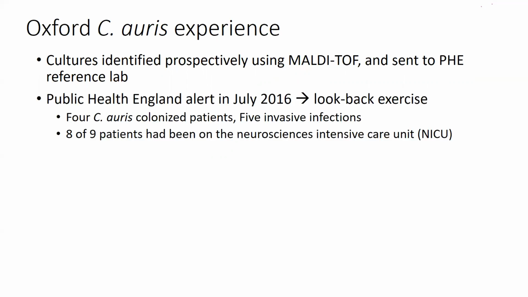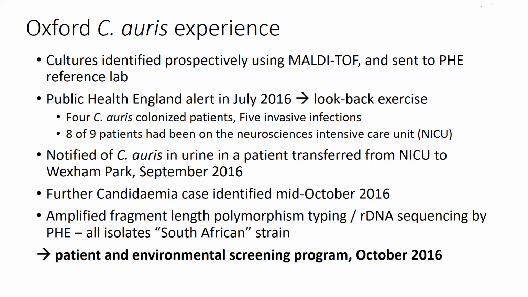But when this alert was put out, we went back and looked systematically over our cases, and we found that we'd had 4 patients with an isolate representing colonisation, and 5 with invasive infection. What was really striking was that 8 of the 9 patients had been on our neurosciences intensive care unit before they were diagnosed.